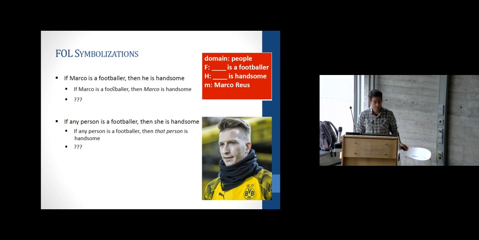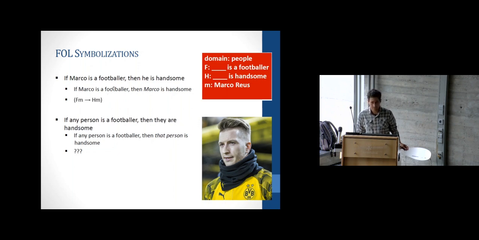No, right? These are just combining atomic sentences. This is confusing because you might think, the word "he" is a pronoun, so there must be a variable, a quantifier, but there is no quantifier.